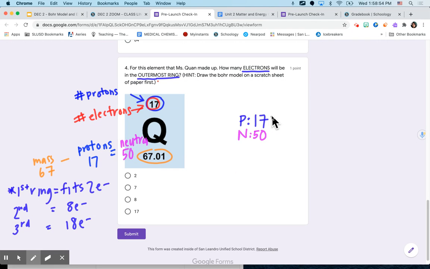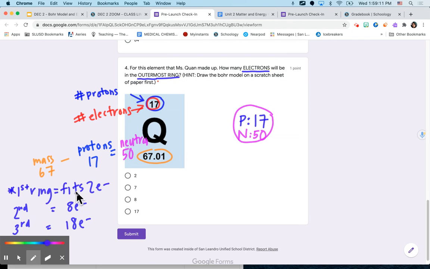Okay, so here is the center of my atom. But what I really care about is the 17 electrons here. So I know I need to draw 17 electrons.